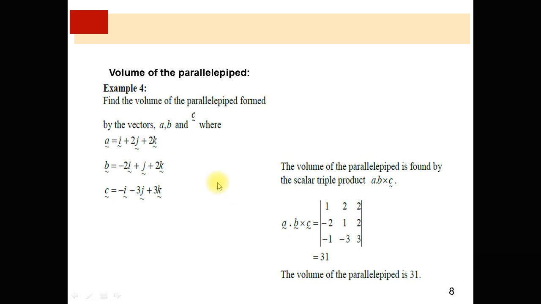Similarly, we can find the cross product of two vectors by using a determinant. So these are the applications of the vector product, scalar product and scalar triple product.